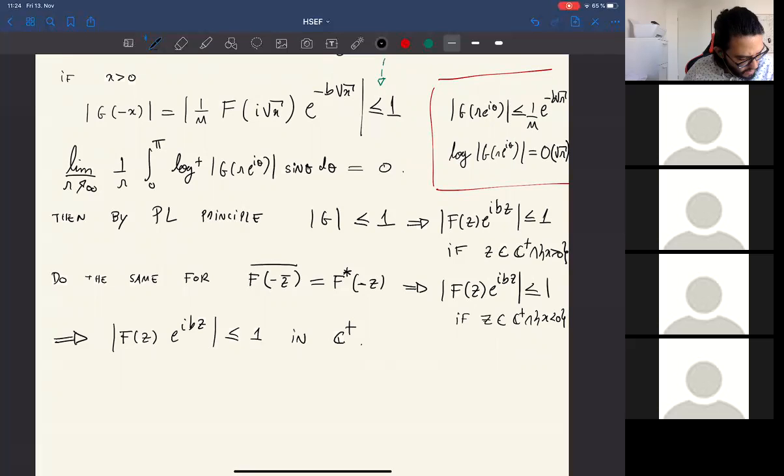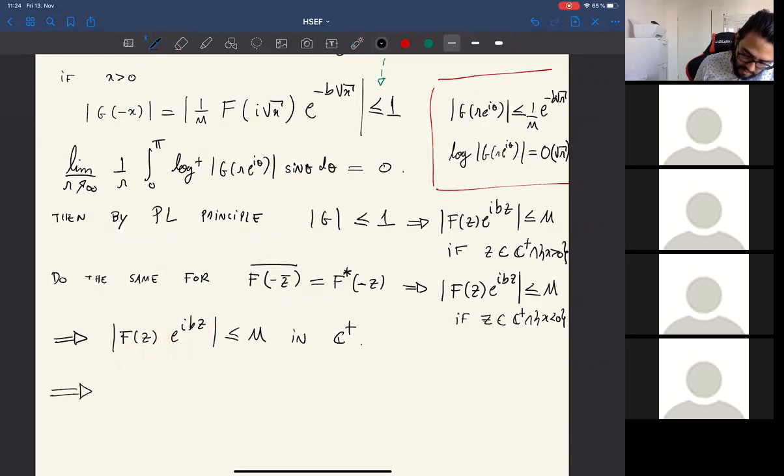Oh, no, it's not less or equal to 1, of course. There was a 1 over m dividing. You're not paying attention, you didn't complain. This is m, of course, because there is this m here being divided. But then you realize, on the real line this thing is bounded by 1 because f is bounded by 1, and this has modulus 1 on the real line.